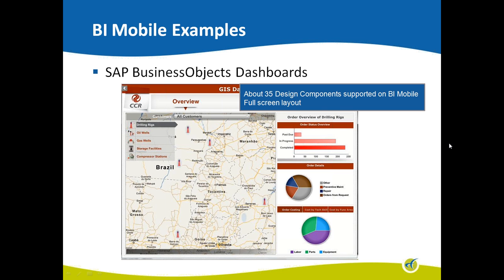From the SAP Dashboards design tool, there are about 35 design components now available for BI Mobile that can be leveraged for developing dashboards still within the Flash viewing. One of the nice things about the mobile app that allows you to show this dashboard is that it allows a full screen layout. It takes up the entire mobile device and allows all corners of the dashboard to show.